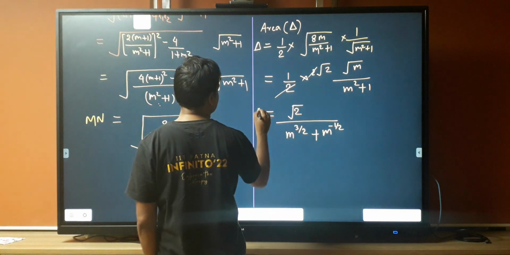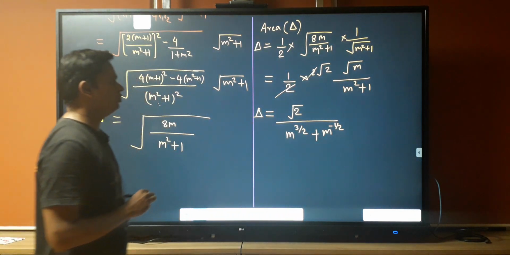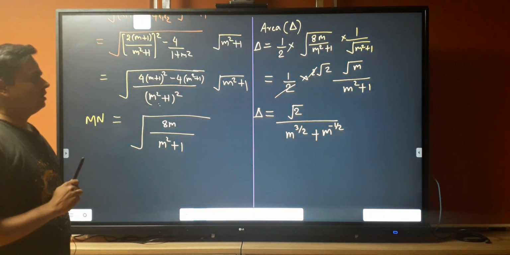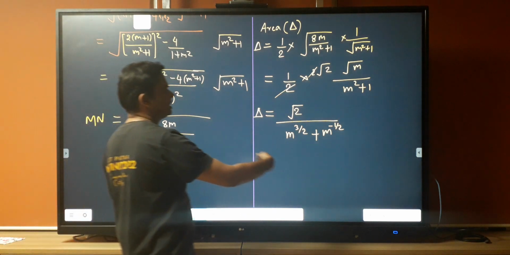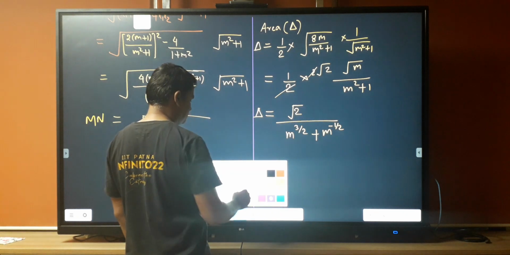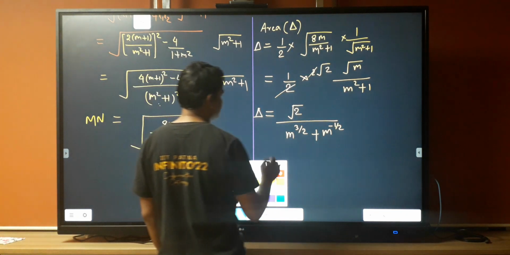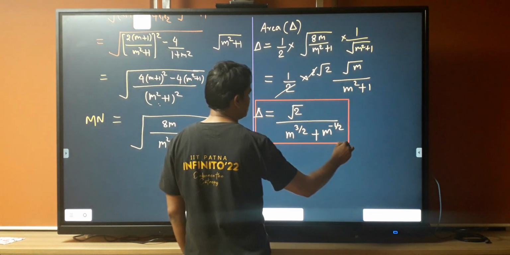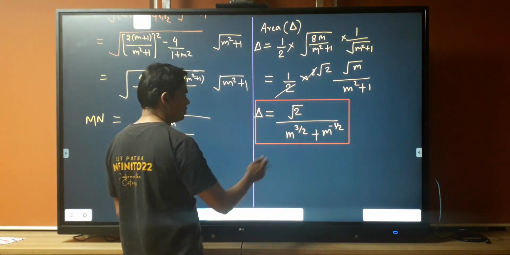I got this as delta. Now if I want to maximize this, I can achieve it by minimizing the denominator.